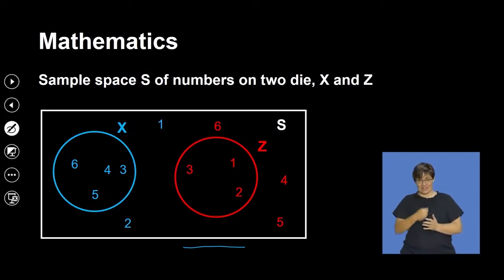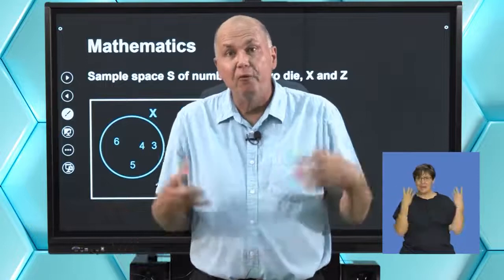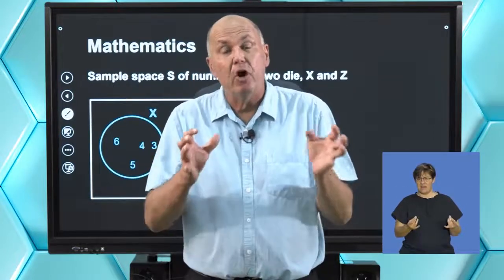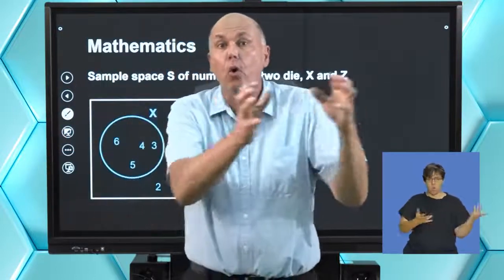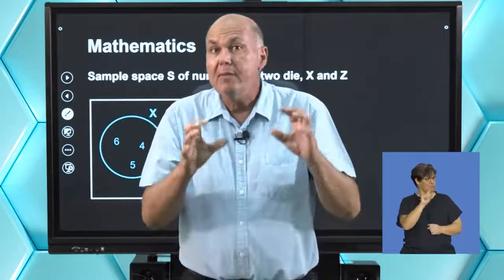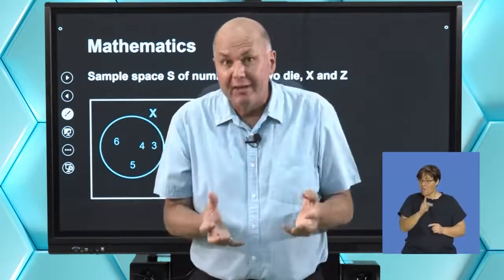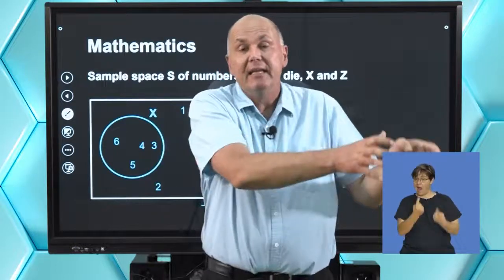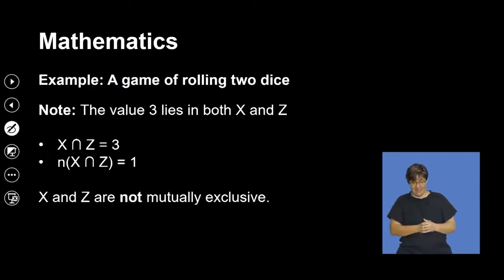Do you notice something? What's the total number of values that are either in set X or in set Z? That's an interesting question. Remember our OR rule. That means union. They must be either in X or Z. Let's have a look.